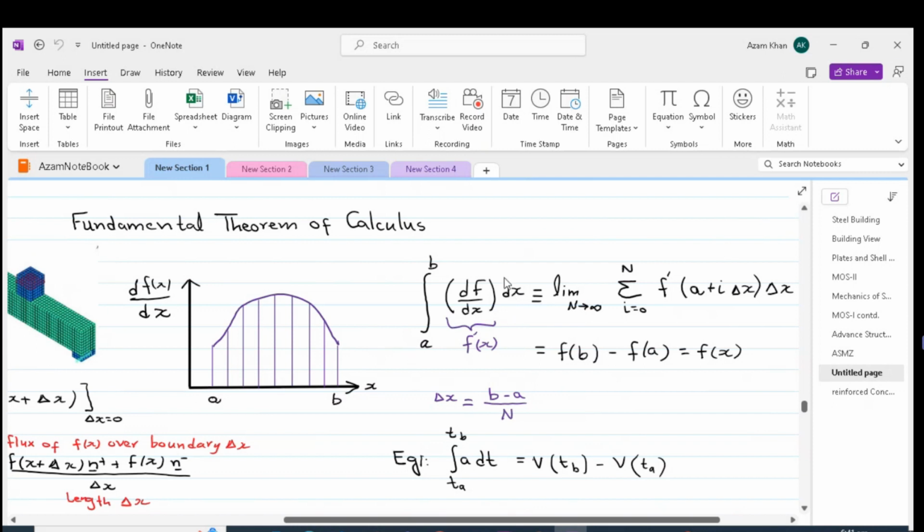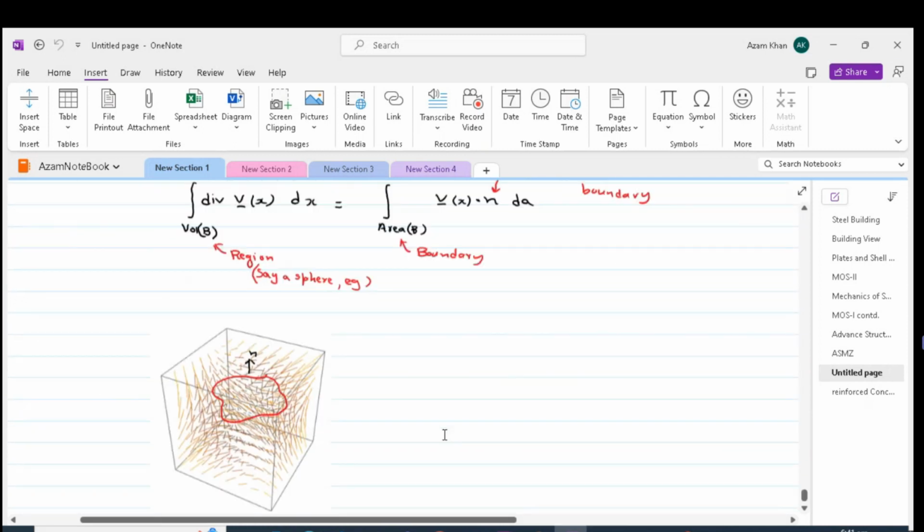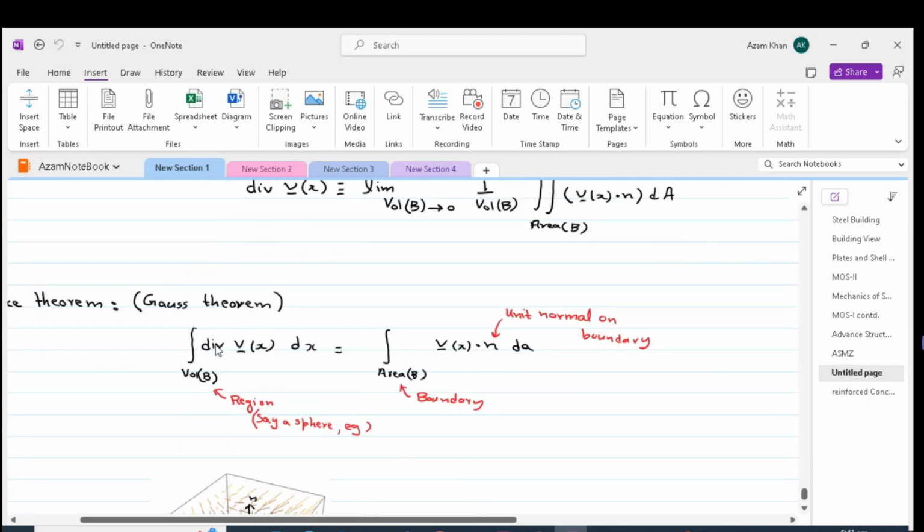Thus, the derivative integrated over length L is equal to just the value of the function at b minus the value of the function at a. In the same manner, if we have a flux through a volume of a body, that can be reduced by one degree, to the flux through the surface area of the body.